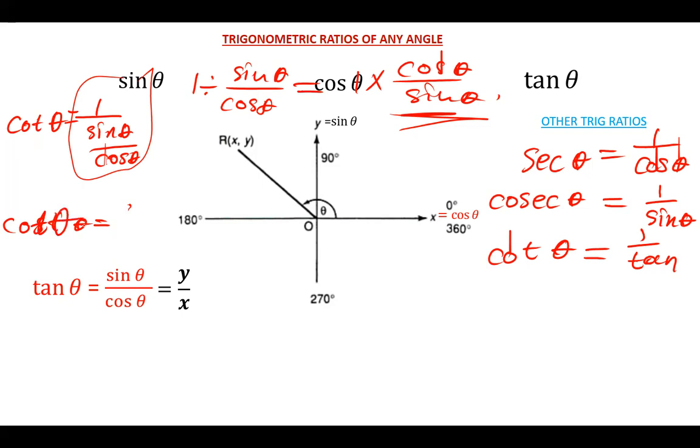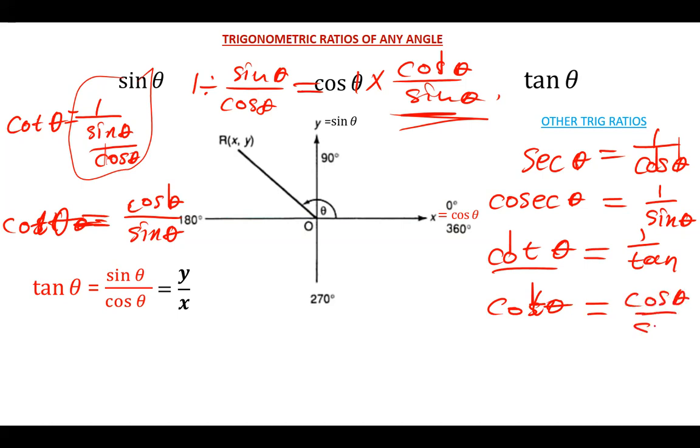Cot theta can be written as cos theta over sine theta.